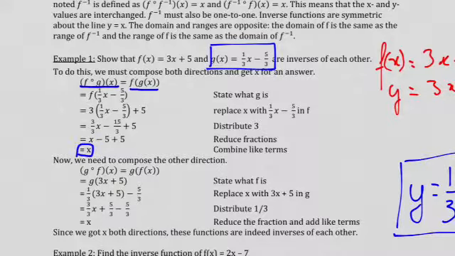If I do it in the other direction, g of f of x, I also end up with x. And ladies and gentlemen, every time you have two functions and you compose them in both directions and you end up with x, that means these two functions are inverse to each other.